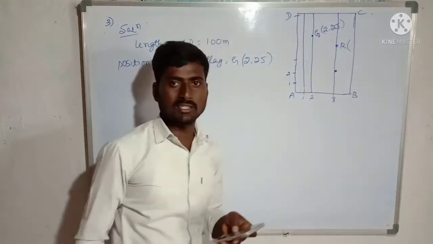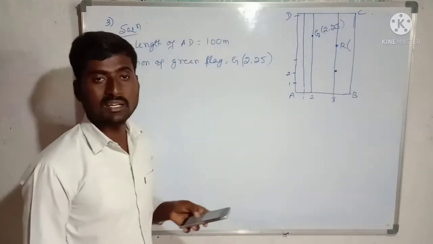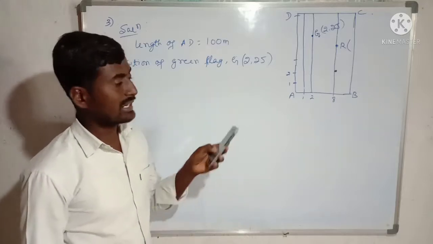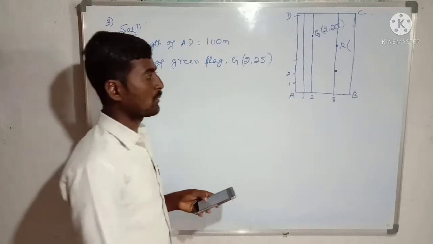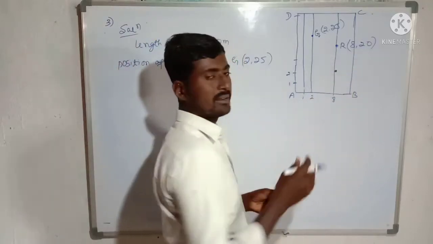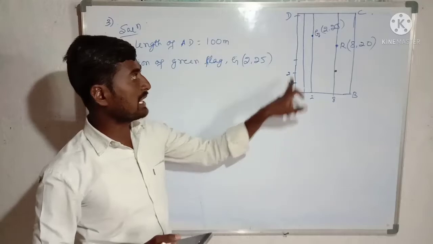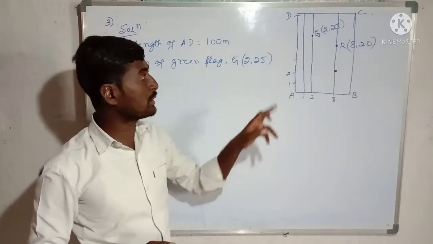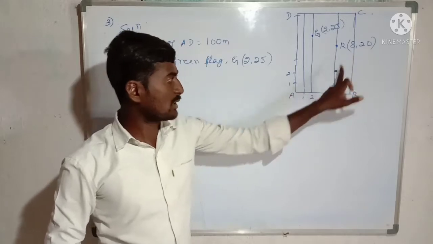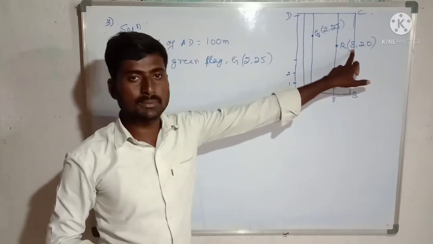Then I will ask you now, what are the coordinates of the point R? Means position of red flag. Position of red flag will be 8, 20. Why is it 20? 1/5 of AD, it means 1/5 into 100. That is 20 only. Since R is on the 8th line, x coordinate must be 8.